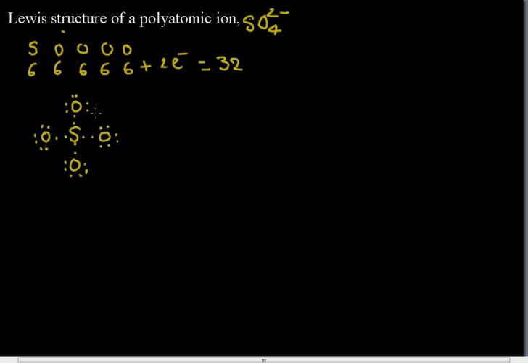Now let's see if this structure is correct. If you look at each of these atoms, they have 8 electrons. This oxygen has 8 electrons, that oxygen has 8, this oxygen has 8 too, that oxygen also has 8, and the sulfur also has 8 electrons. So each atom is stable, but do they have the right amount of charge?